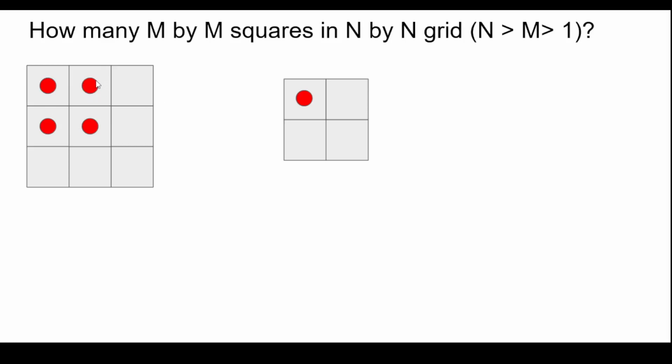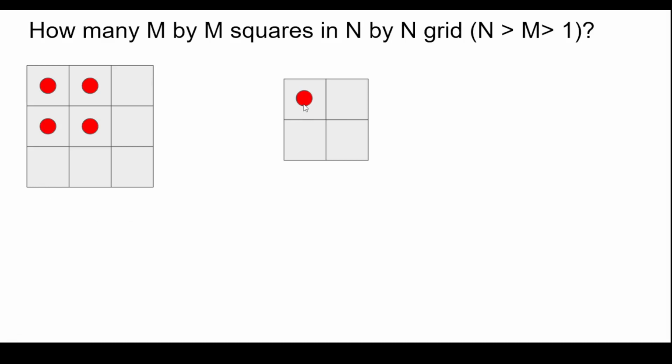We can easily count that as well. What we also notice, however, is that it's producing a square, which is interesting, because if we go further, we realize that in a 4 by 4 there are 9 2 by 2s.